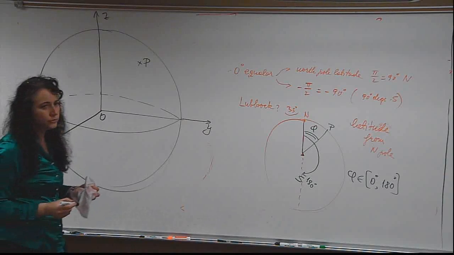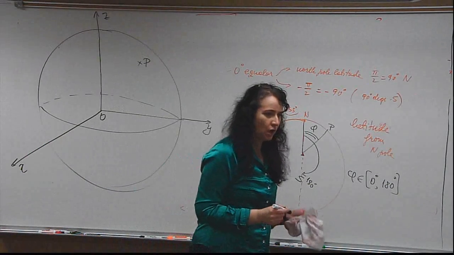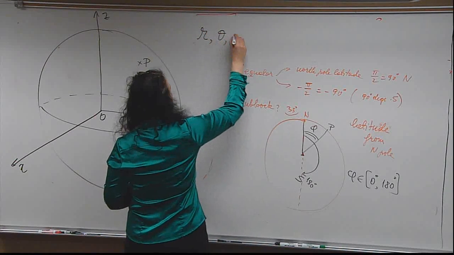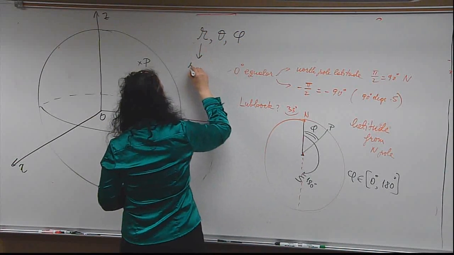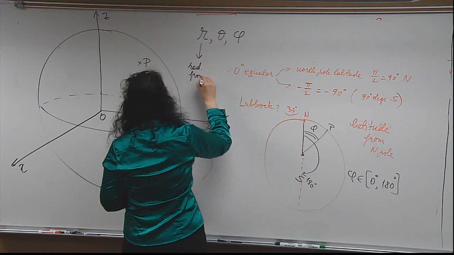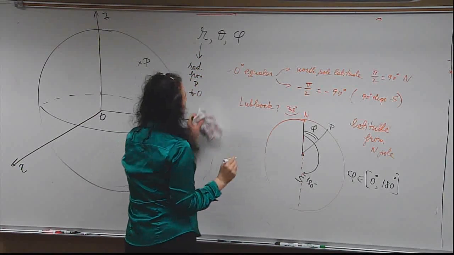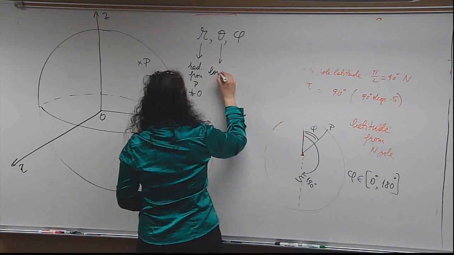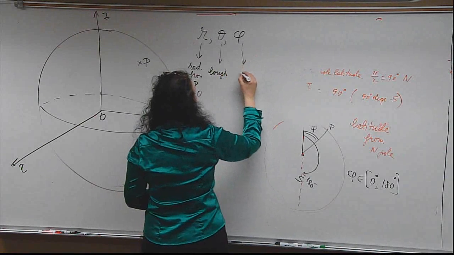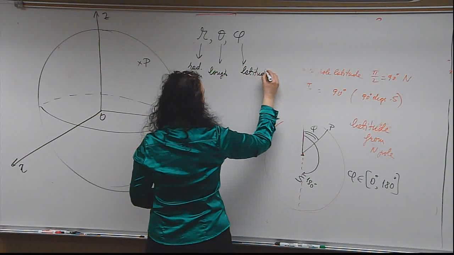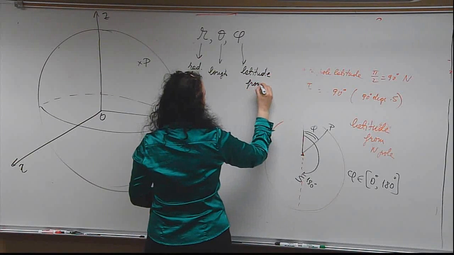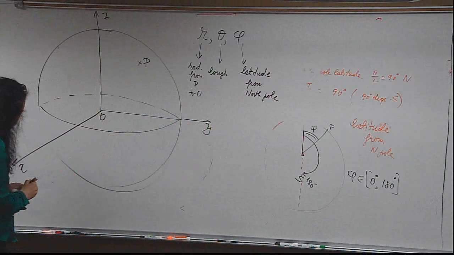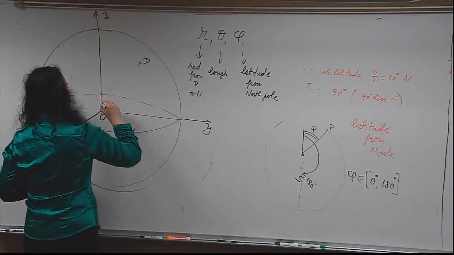And you say, I want to see what spherical coordinates are. Those spherical coordinates are three coordinates, r, theta, and phi. R is the radius from P to O. Theta is the longitude, and phi is the latitude from the North Pole. Okay, so let me draw, let's take this red, let's draw OP.